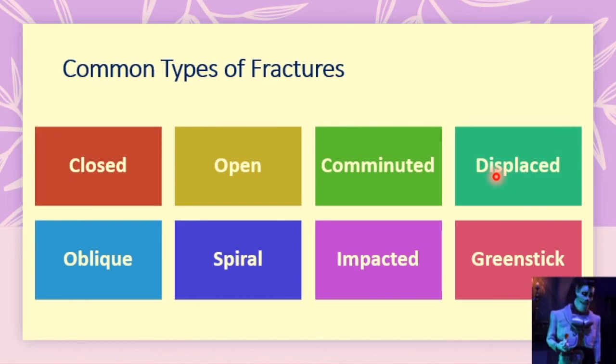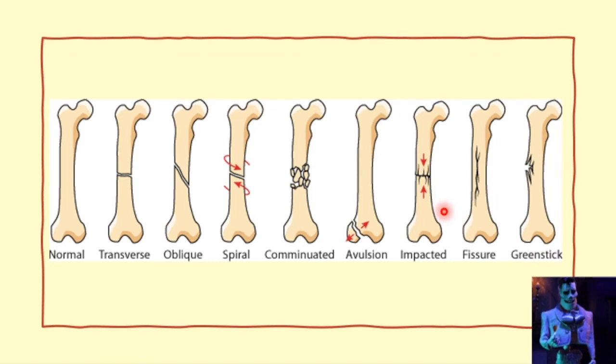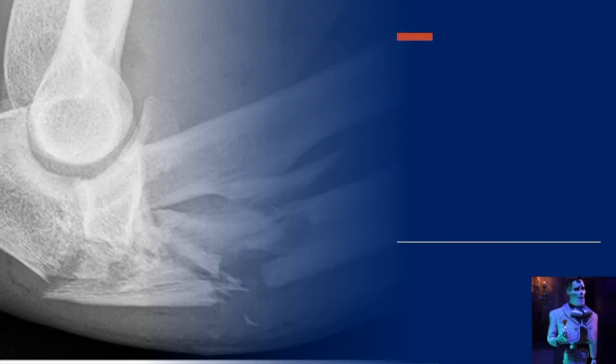Impacted is here; I can show it to you later. Greenstick, as you can notice, has only one side affected. Then the term for this one is comminuted, with several parts here. Then spiral is like a rotating action. By the way, impacted, there is a picture for that later on.